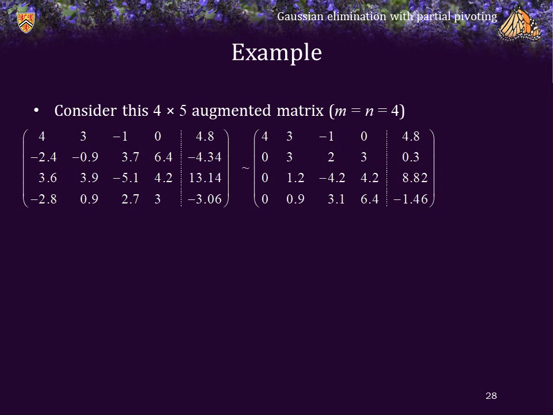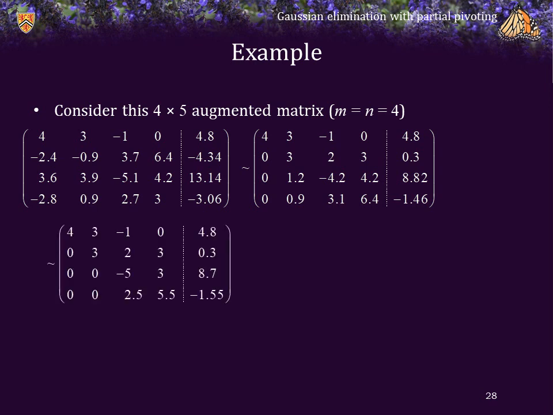This now will eliminate the 2 leading non-zero entries in rows 3 and 4. Thus, we are done here.